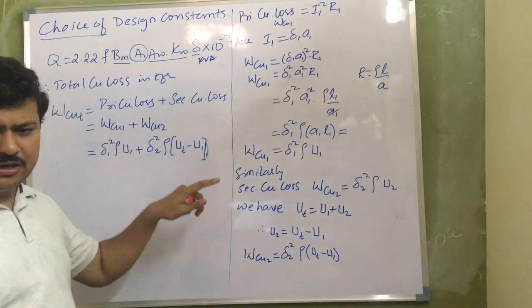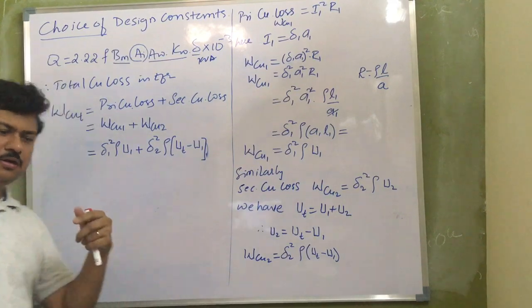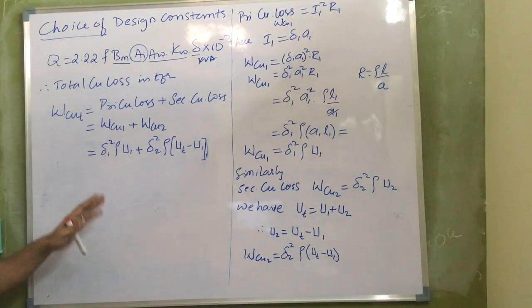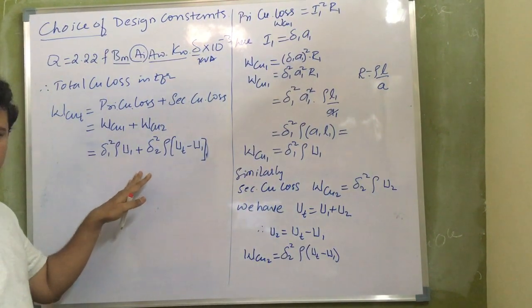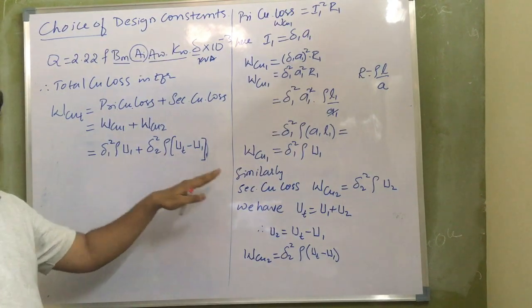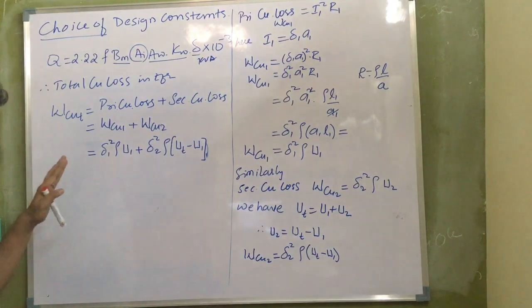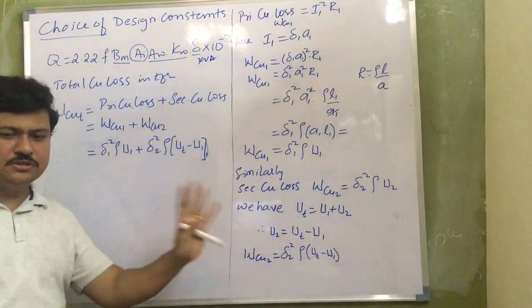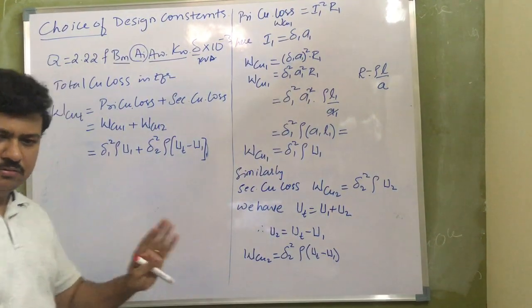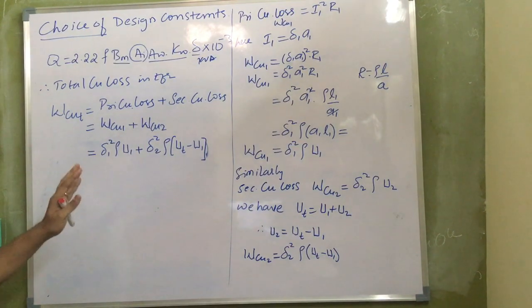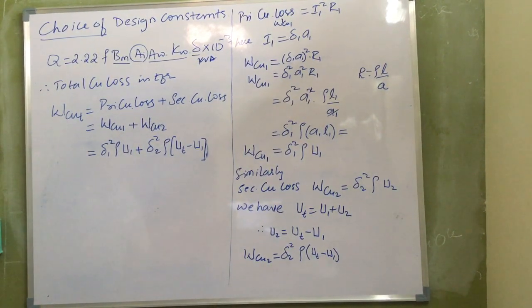I can take it in terms of U2 also: delta 2 square rho U2 plus delta 1 square rho (UT minus U2). Then differentiation of copper losses with respect to U2 should be 0. Both are permissible, both are acceptable, because both are variables.